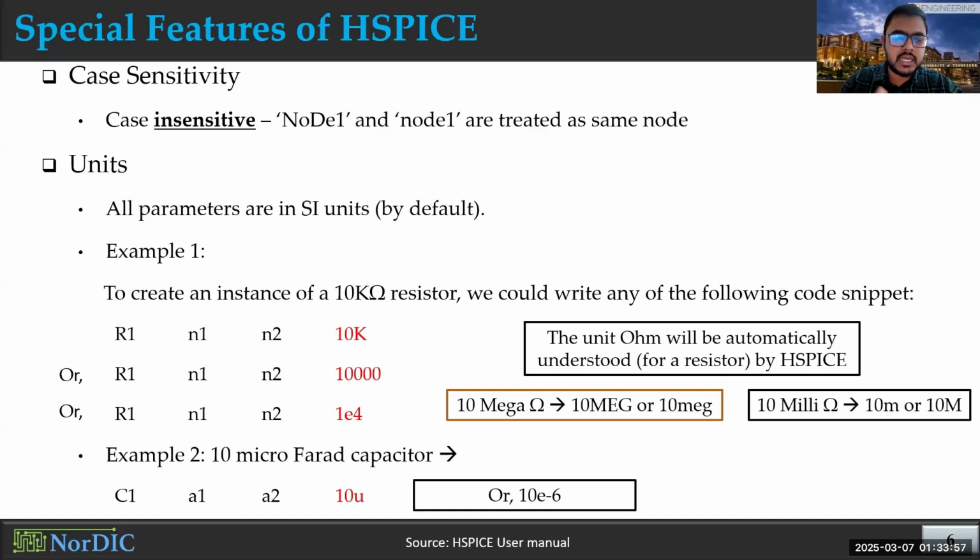Similarly, for a capacitor, it will understand the unit, which is farad. And for voltage and current sources, it will by default understand the SI unit, which is volt or ampere. So you have to keep that in mind: when you define the values of different parameters or components, you have to convert them into SI units.